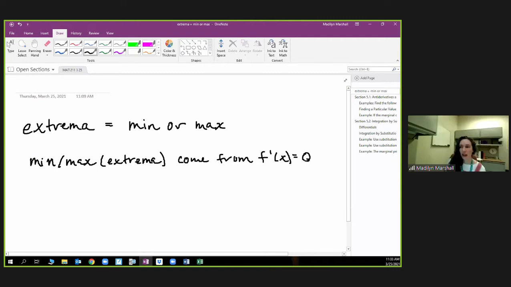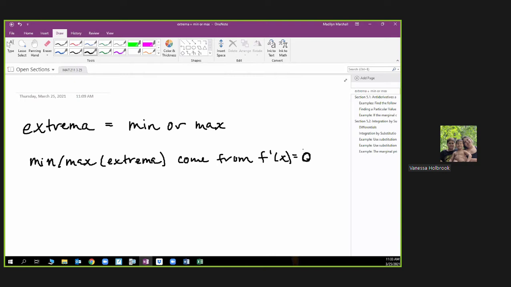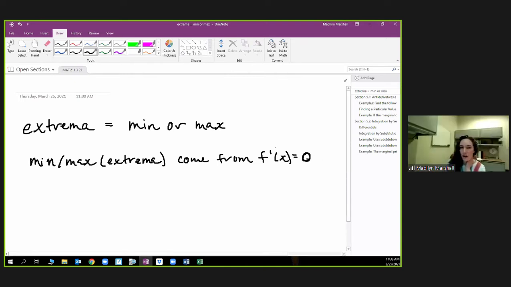We haven't done any that don't have a derivative of 0, but those come from the first derivative. So in the process of analyzing the graph, those 4 steps that we went through, the minimum and maximum do come from analyzing the first derivative.